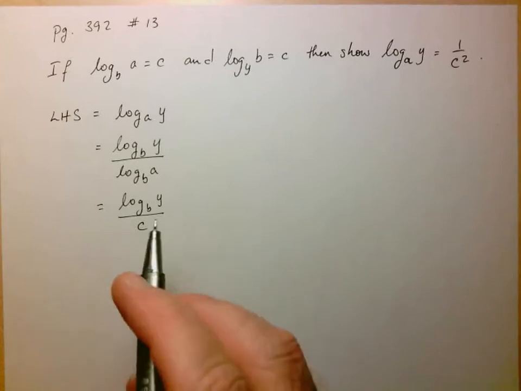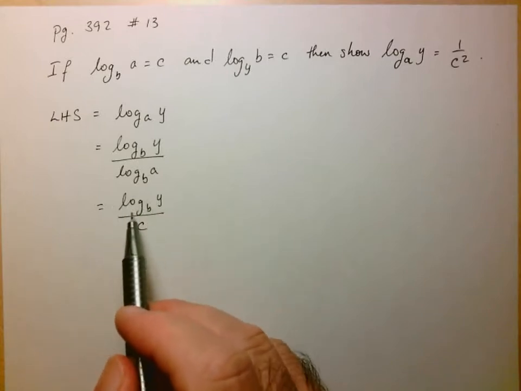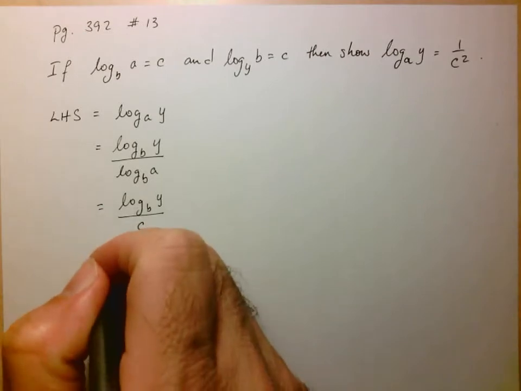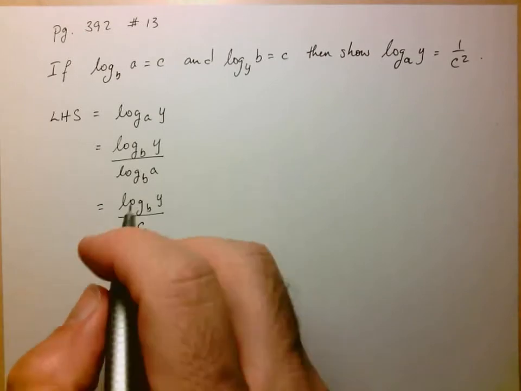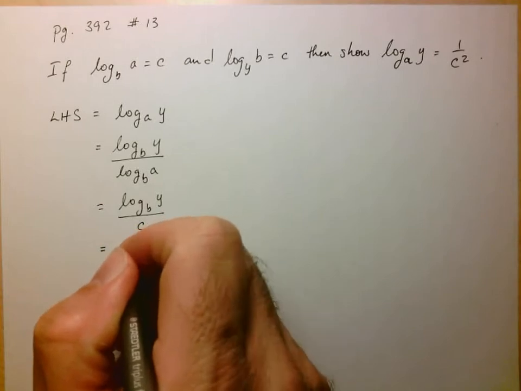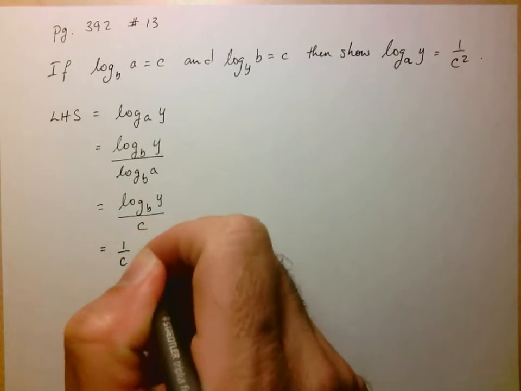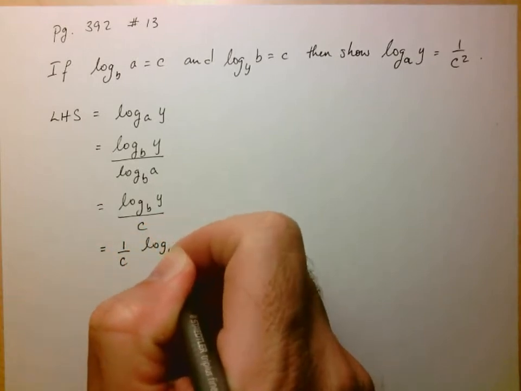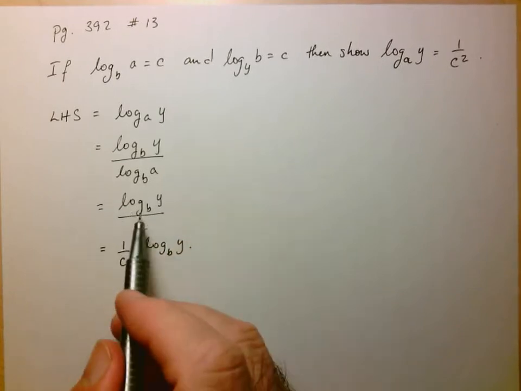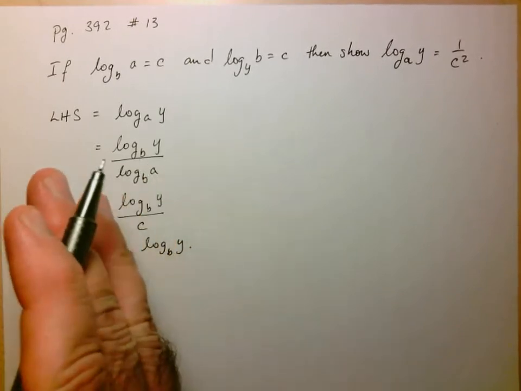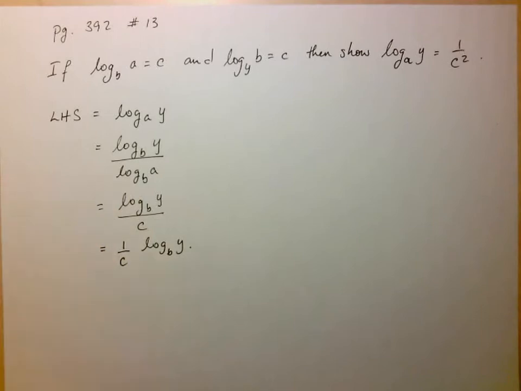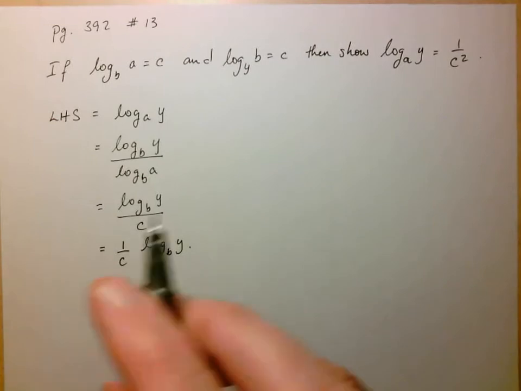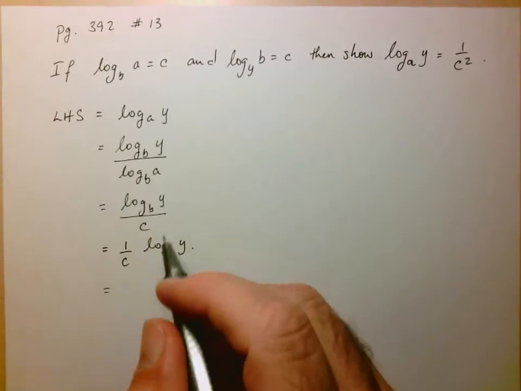My next thing is going to be working with this expression here. Just to make my life a little easier, something that's nice is to separate things out. I've got this c in the denominator, so I'm going to rewrite this as 1 over c times log base b of y. These two are equivalent, but it gets that 1 over c out of the way so I can now focus on this next expression. Let's see what I can do here. Now I notice I've got a similar scenario.